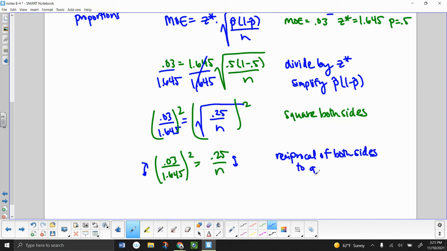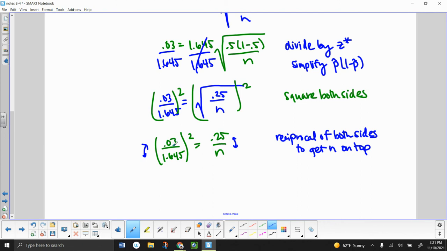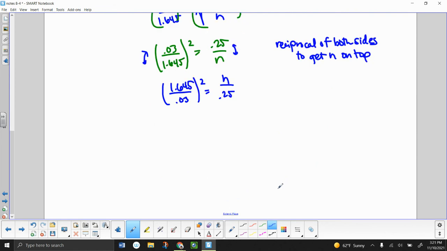Inside the parentheses, it's just going to flip. So 1.645 over 0.03, squared, is equal to N over 0.25. And then the last thing we need to do to get N by itself is multiply both sides by 0.25.